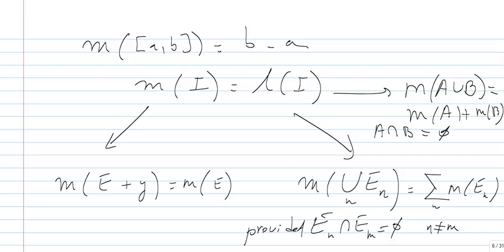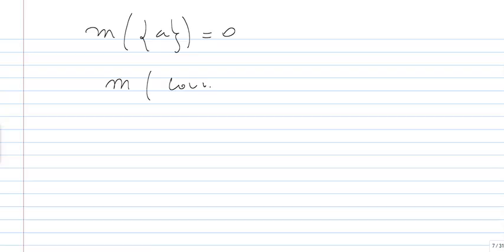For example, it's very simple to see that the measure of a point is 0. This is, of course, from the measure of intervals. We can show this. And then you get from here that the measure of any countable set is equal to 0.